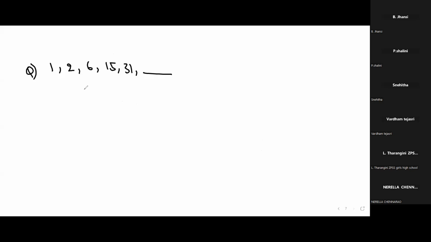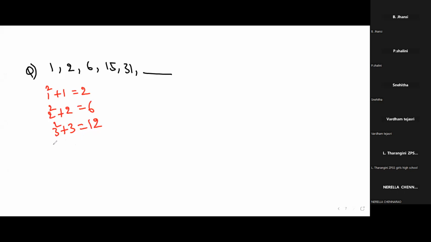Square plus number. Okay, 1 square plus 1, 2. 2 square plus 2, 6. 3 square plus 3. Then what are you getting? 9 plus 3, 12 you are getting. But square plus number you said. Is it satisfying here?